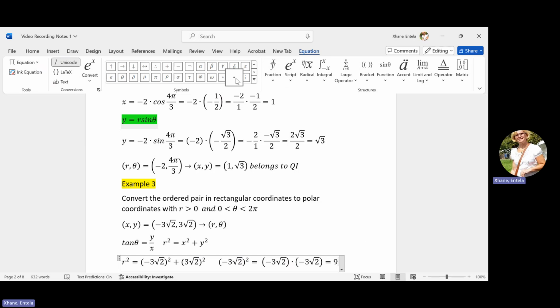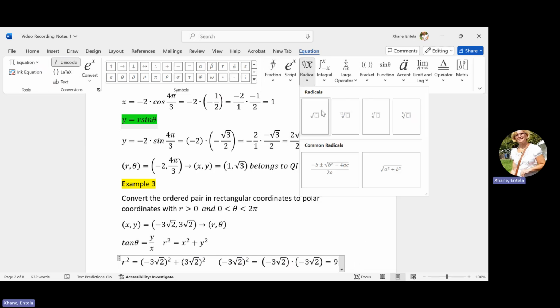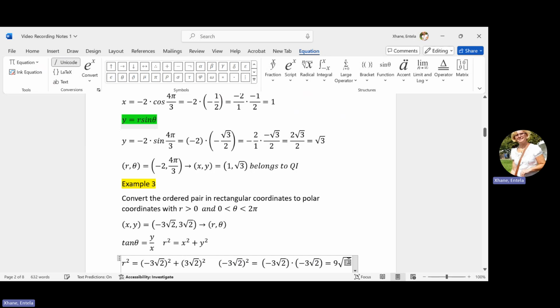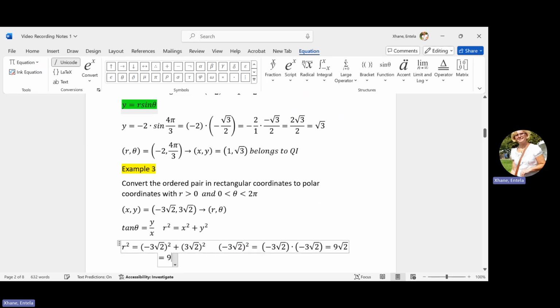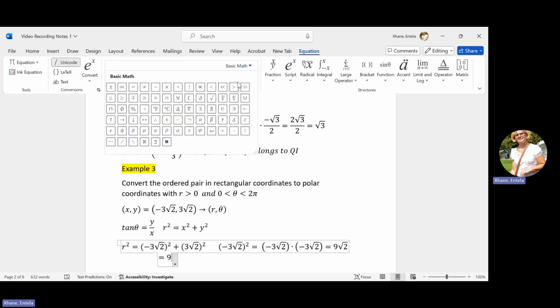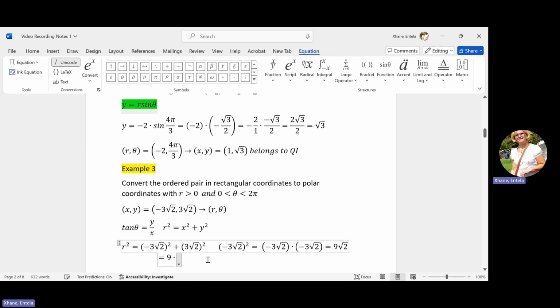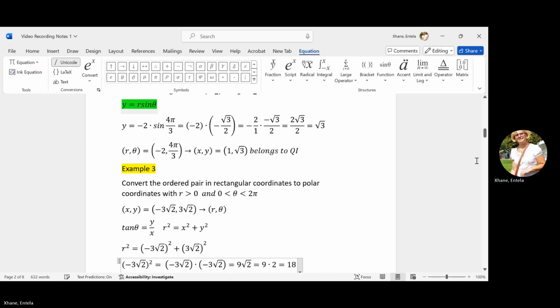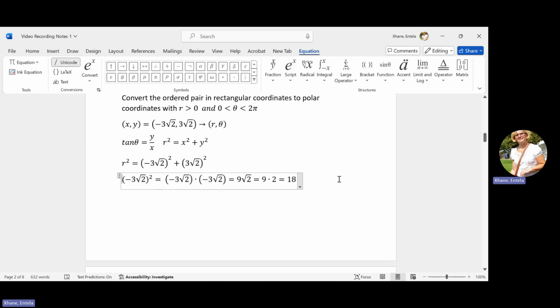And then you multiply the inside numbers together. So next to 9, I'm going to have the square root of 4, which turns into 9 multiplied by 2, and the answer is 18. So this negative 3 square root of 2 raised to the second is 18.